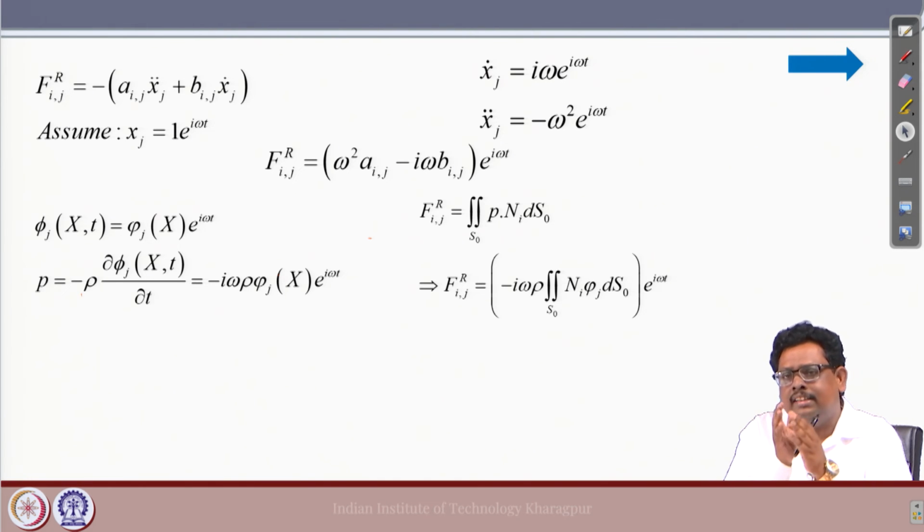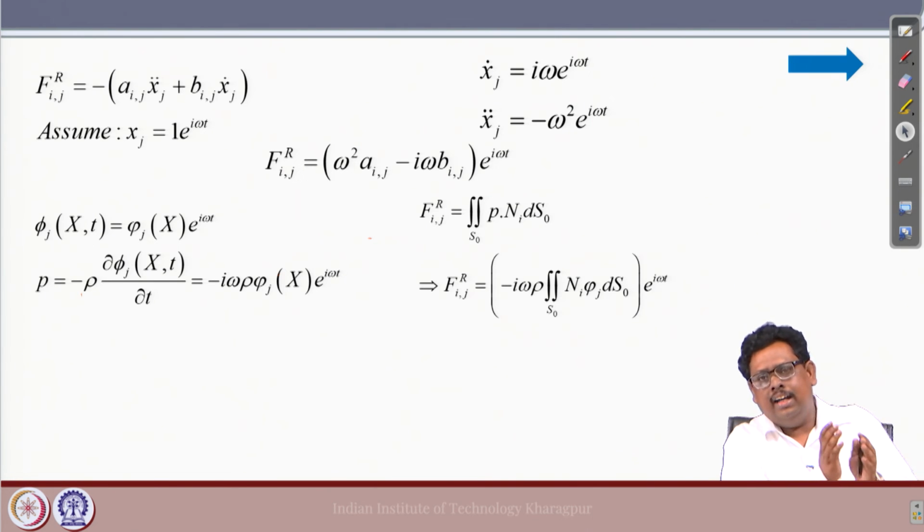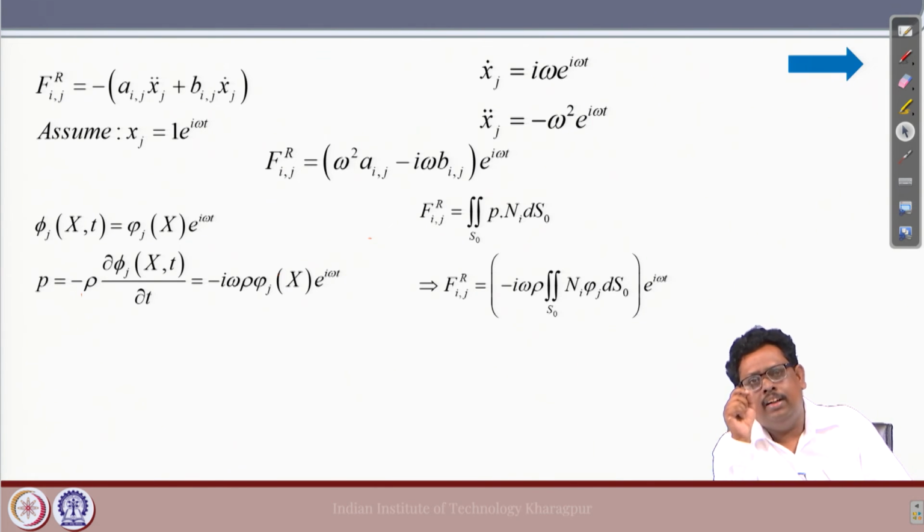The second index refers to the mode in which I am oscillating the body, and the first index refers to the mode in which I am going to get my force. Since it is the ith mode, I have to multiply by n_i. So, my force becomes minus i omega into the integration of n_i phi_j ds.